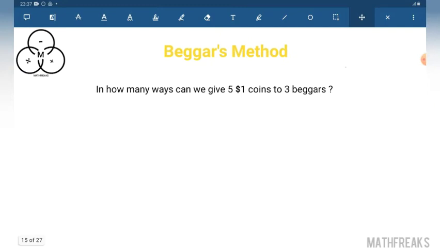Beggars method. In how many ways can we give $5 coins to 3 beggars?